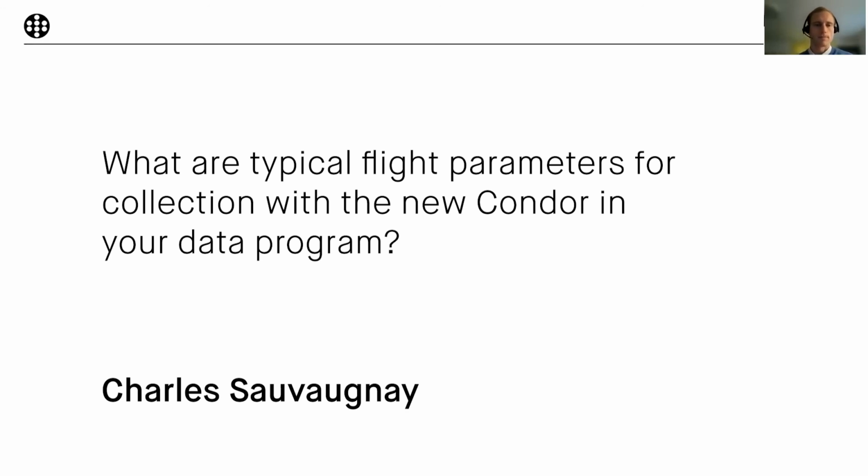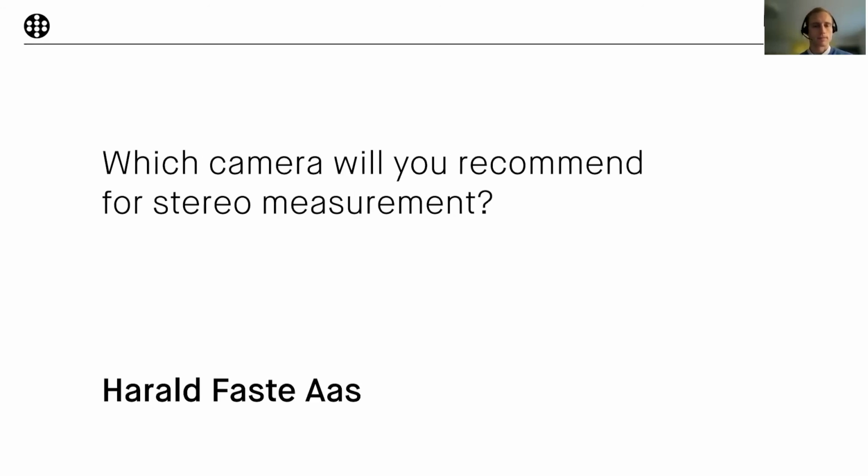Thank you. Which camera will you recommend for stereo measurements? So we have two cameras which are designed for stereo. One is the photogrammetric flagship, the UltraCam Eagle. That camera is perfectly designed to do all kinds of photogrammetric applications, including stereo measurement. And the second camera is the UltraCam Osprey.